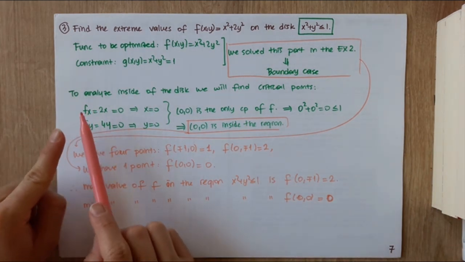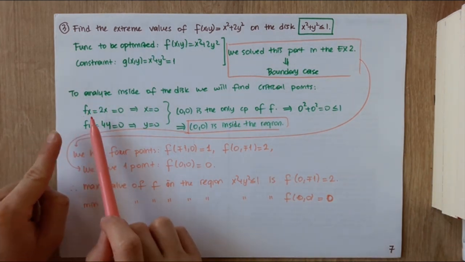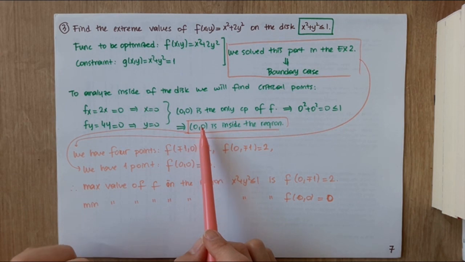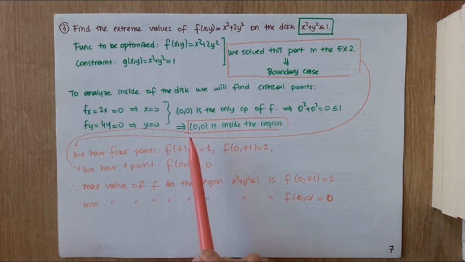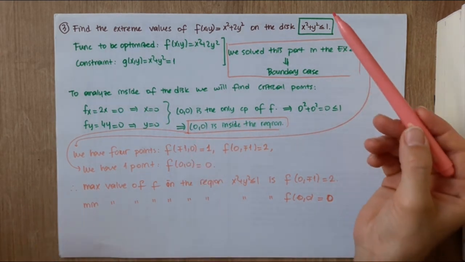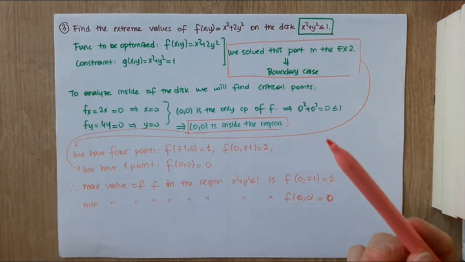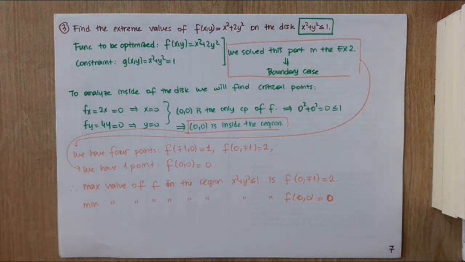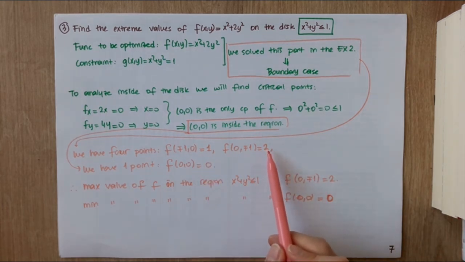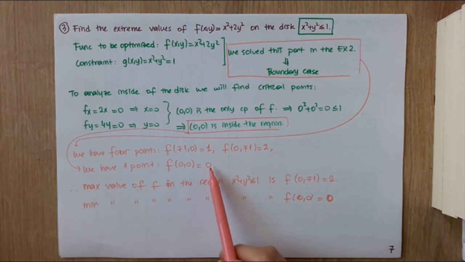But after the analysis of the critical point, we obtained that (0, 0) is the only critical point, and it is inside this region. So we should analyze this point also, and if we calculate our function at this point, we obtain 0 as a result. So if you compare 0, 1 and 2, you will conclude that 2 is the maximum value here and 0 is the minimum value.